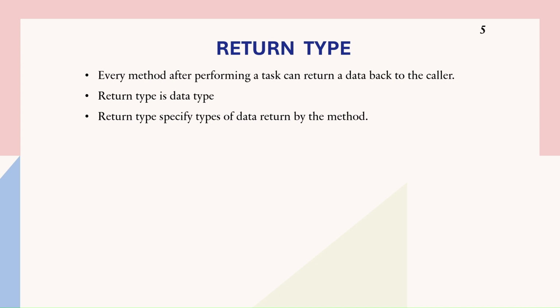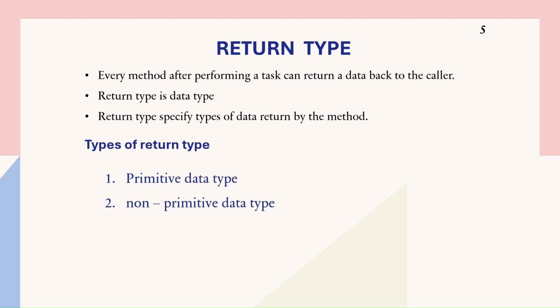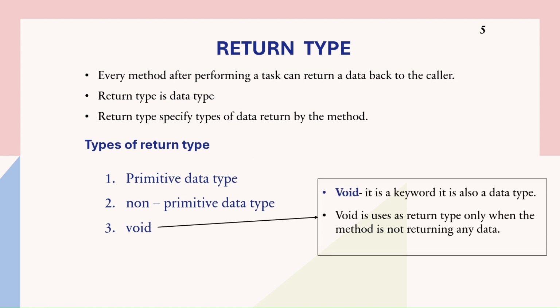If we talk about the types of return types, that is primitive data type, non-primitive data type, and void. If you want to know more about primitive and non-primitive, I have mentioned the link. You can go there and watch the video of primitive data type and non-primitive data type in depth. So in this video, we just discuss the void. The void is a keyword. It is also a data type.